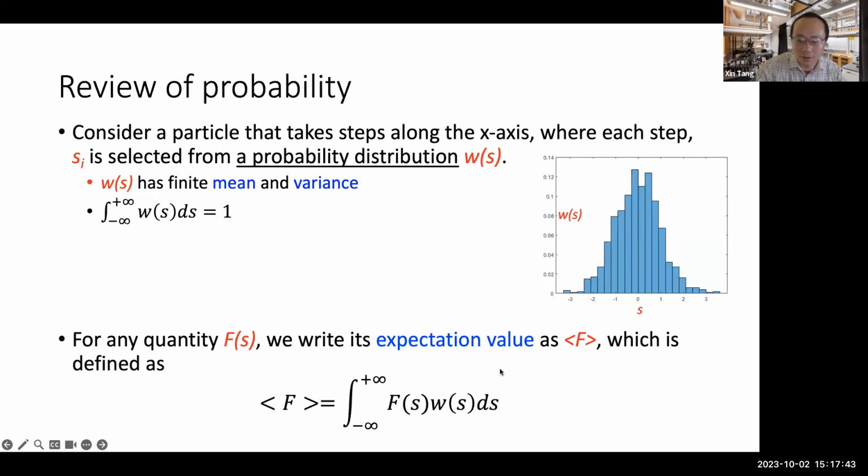This expected value is equal to the f function times the probability distribution of s, times ds, with s from minus infinity to plus infinity. When you do this integration, this f(s) associated with its corresponding probability distribution, integrated throughout all the possible values that s can take, gives the final expectation value of f.